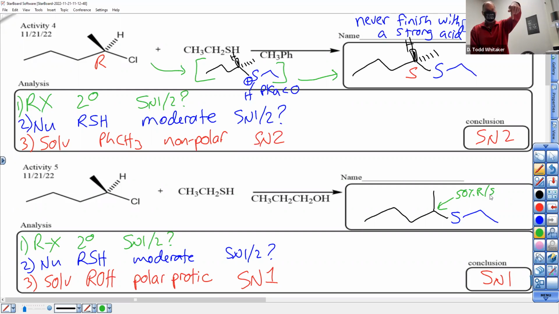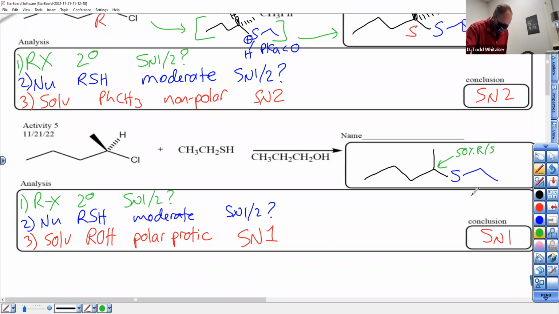This covers it. Write it this way, and you never have to say anything else. You're acknowledging you know what happens to a stereocenter during an SN1 reaction by doing it this way, right here. 50% R, 50% S. You did not show me one stereocenter. You said it's two. Okay, and that's a good activity.